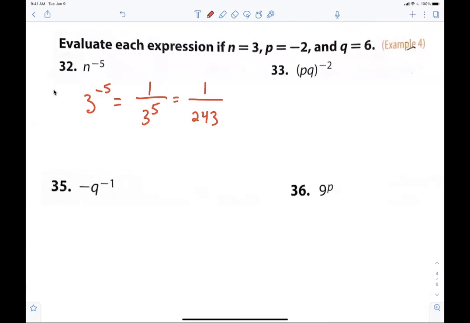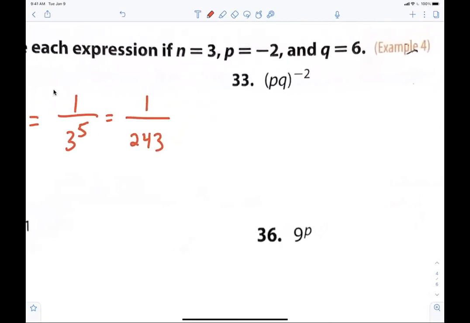All right. Nora, you're up, 33. What do I have to do? All right, 33. It is 1 over, in parentheses, negative 12 to the second power, and that equals 1 over negative 12. Okay, so first of all, P is negative 2. No, you're correct.